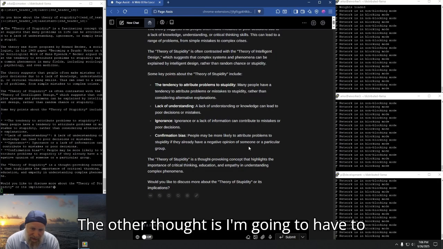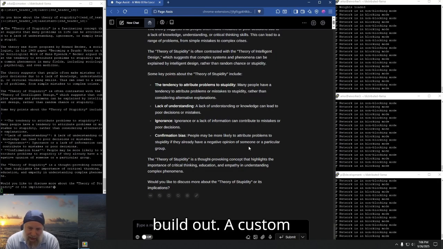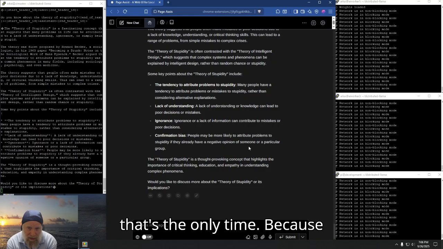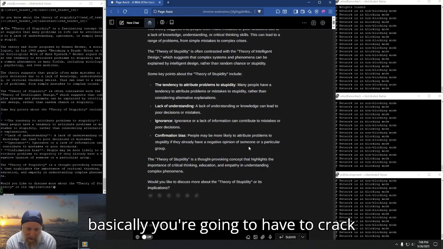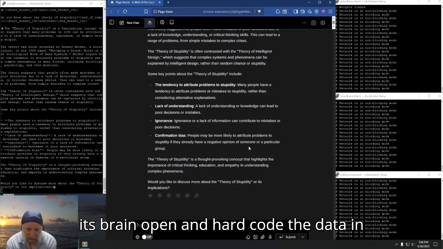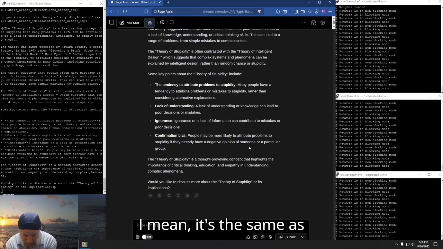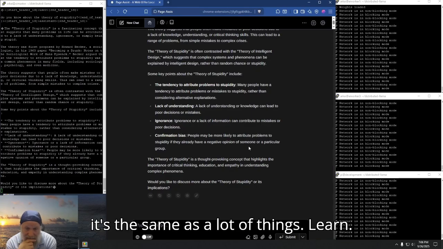The other thought is I'm going to have to build out a custom AI model with the data I have in order for it to do what I need it to do. Because basically you're going to have to crack its brain open and hard code the data in there to figure stuff out. I mean, it's the same as a lot of things.